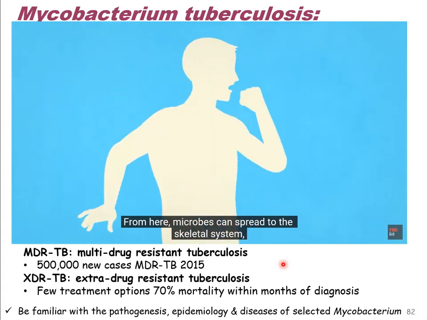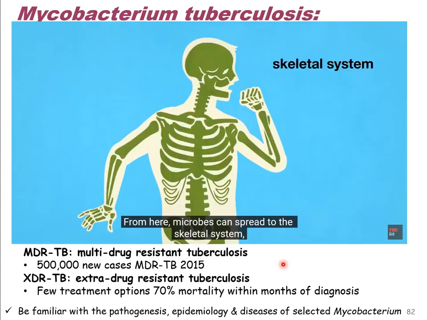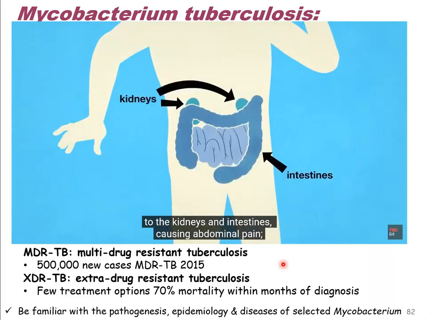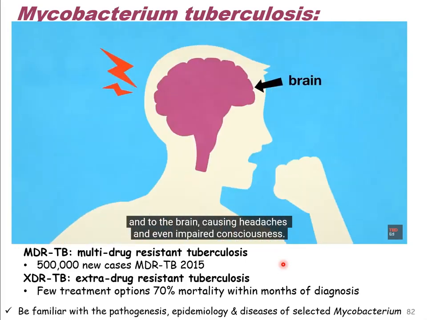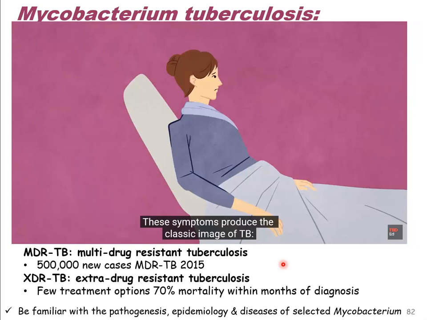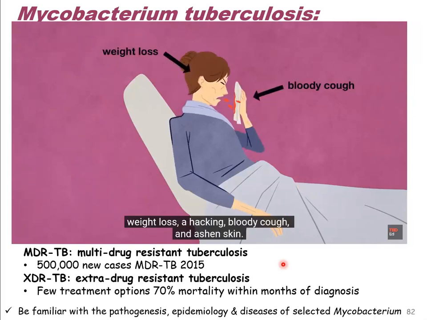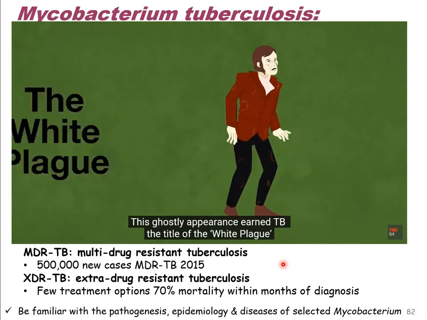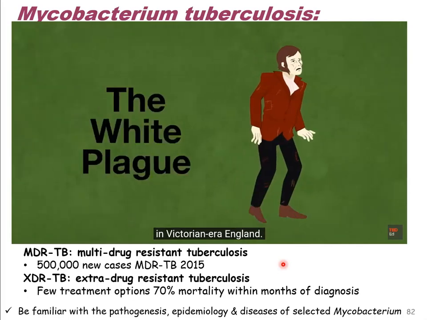From here, microbes can spread to the skeletal system, causing back pain and difficulty moving, to the kidneys and intestines causing abdominal pain, and to the brain, causing headaches and even impaired consciousness. These symptoms produce the classic image of TB: weight loss, a hacking bloody cough, and ashen skin. This ghostly appearance earned TB the title of the White Plague in Victorian-era England.